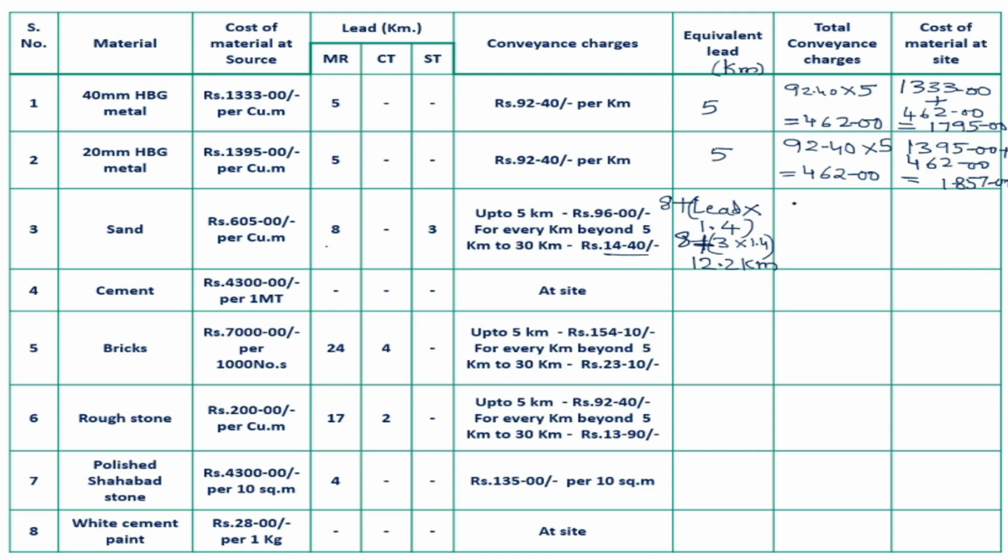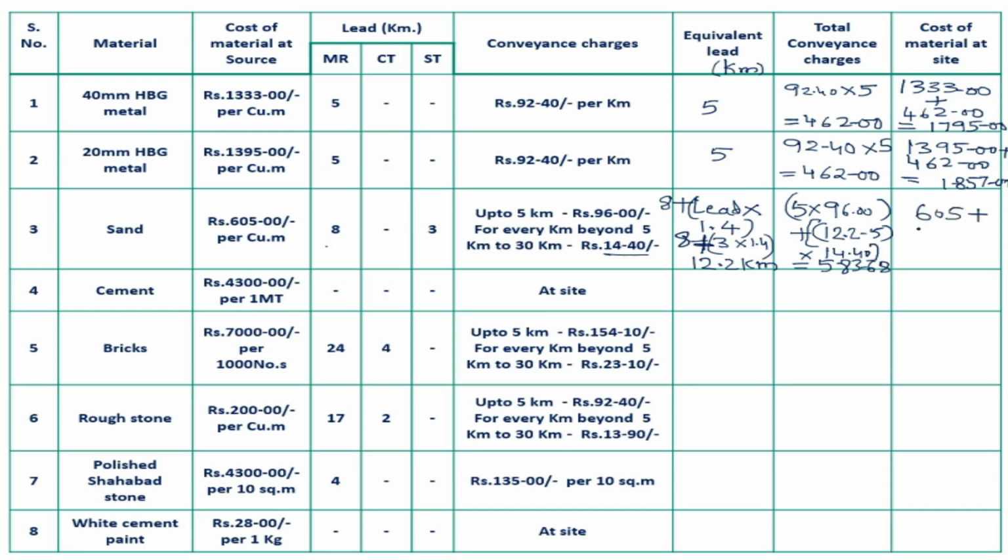For up to 5 kilometers, the rate is 96 rupees. So beyond 5 kilometers, 12.2 kilometers minus 5 kilometers into 14.40. Therefore, total conveyance charge is 583.68 rupees.